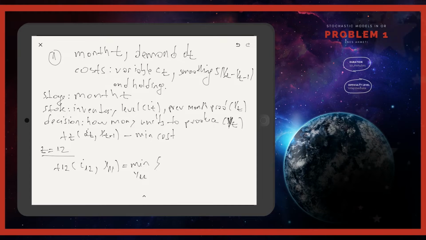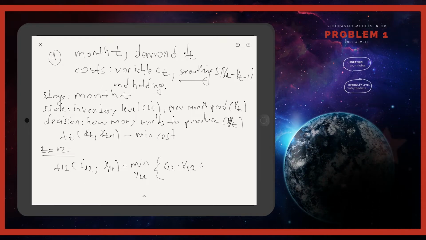Okay, so what kind of costs do we have in this problem? The first cost we're dealing with is a variable cost. Depending on the units I produce, I will have a variable cost. In that case, I have C12 multiplied by the amount of units I produce, so that's X12. Then, what is my second cost?